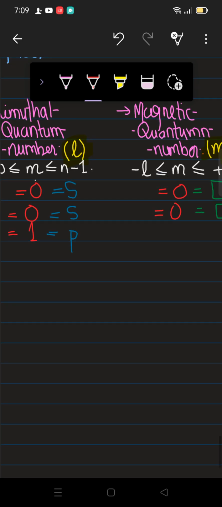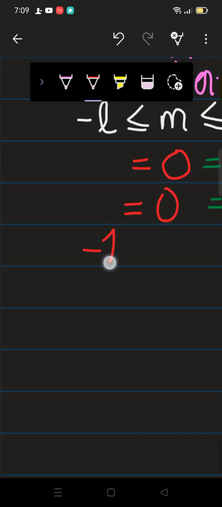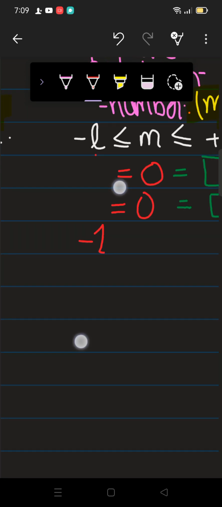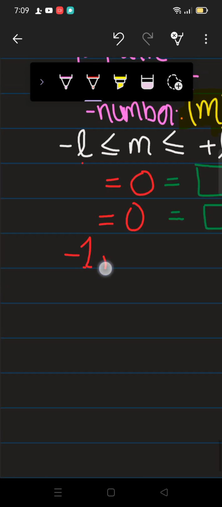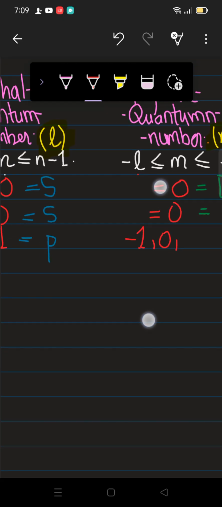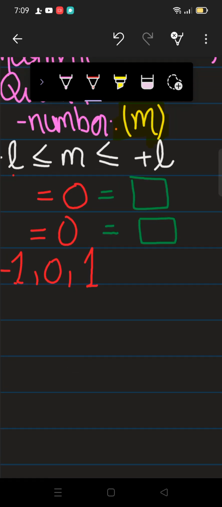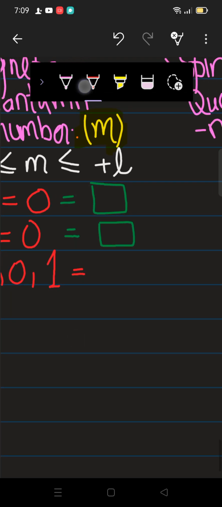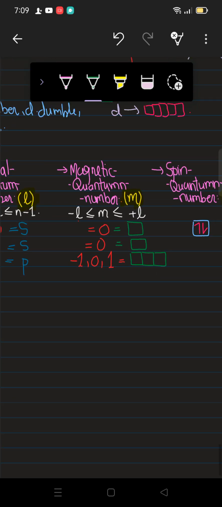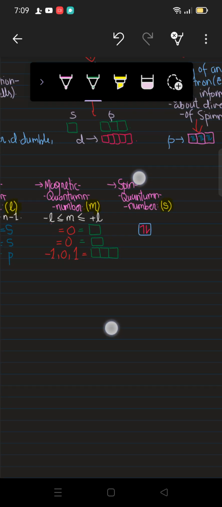So our l is basically 1, so we need to take minus 1 since our m starts with minus 1: minus 1, 0, and then plus 1. Which means P will have 3 orbitals in it. So 1, 2, 3. 3 orbitals in P.